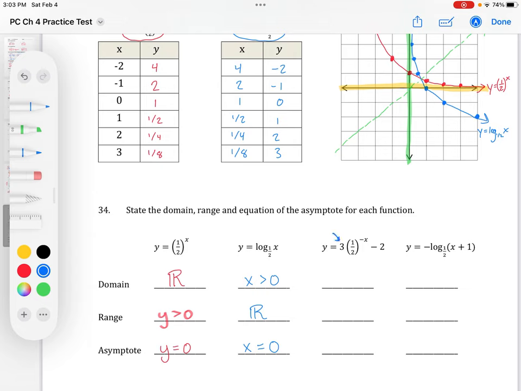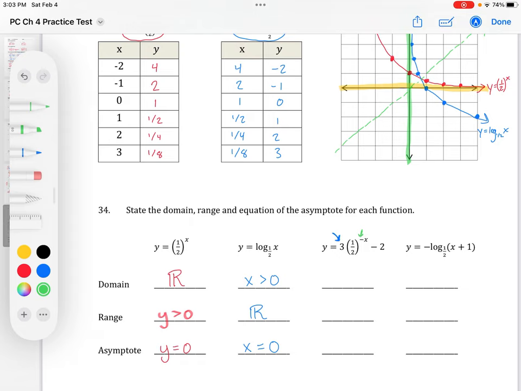So this 3 out front is a vertical stretch by a factor of 3. It's just going to make the graph steeper, but that does not have any impact on your domain and range, okay? The things that are going to change domain and range are, first of all, this negative up here.